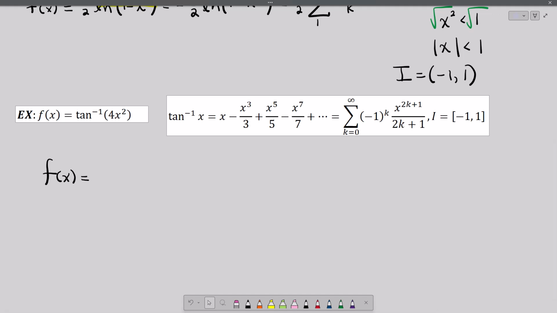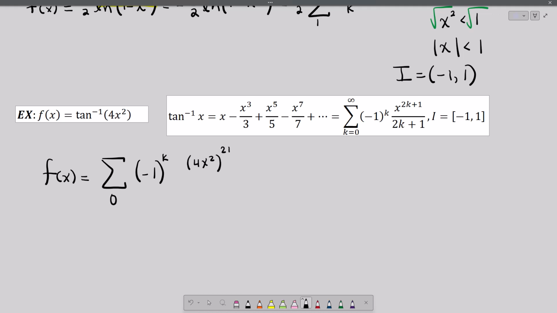We have a power series here that's based on x. We want one that's based on 4x squared, so we just replace that x with 4x squared. And if we replace that x with 4x squared in the expansion, we come to the inside, and that's the x there that has to get replaced with 4x squared. We have our constant right there, -1 to the k is constant. There's no x in it. And then we're replacing this x with 4x squared.